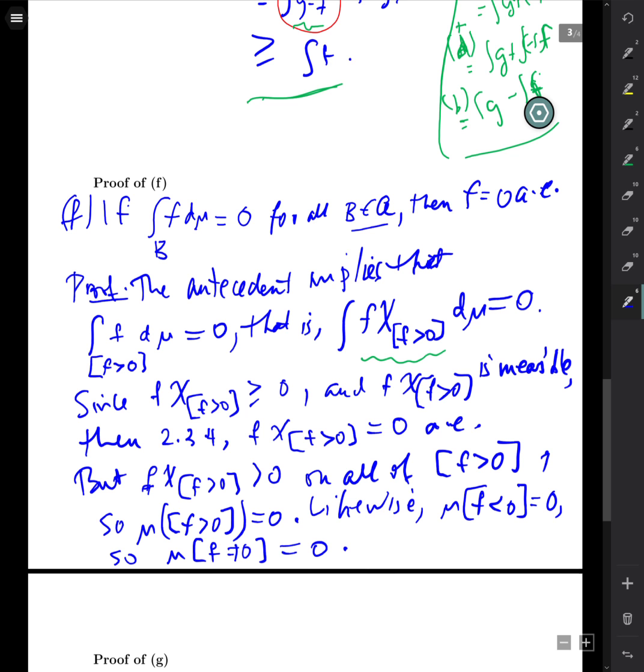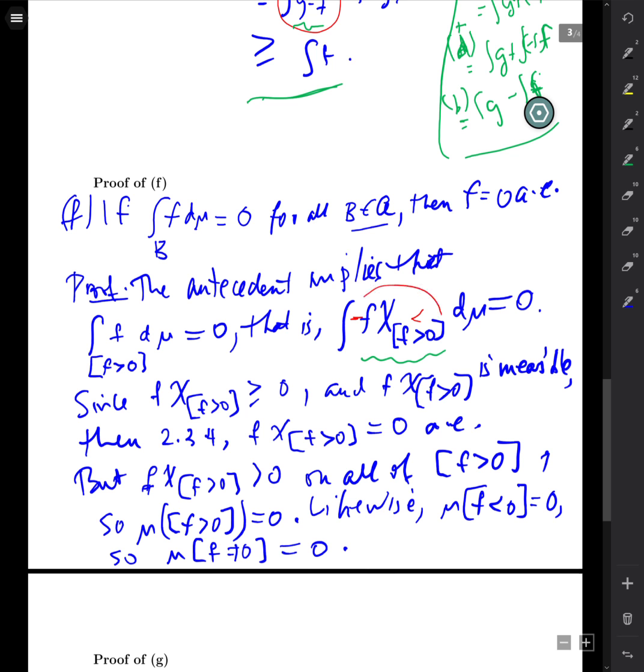So you can check the little detail with f less than 0. If I were to just scribe it over what we've written down here a little bit, then let me do that. So if you have a less than right there, that's equal to 0. And so what I would then do is say that's not non-negative measurable. That's now a negative function, but that's okay. This is still true by part B, and now that's a non-negative measurable function.